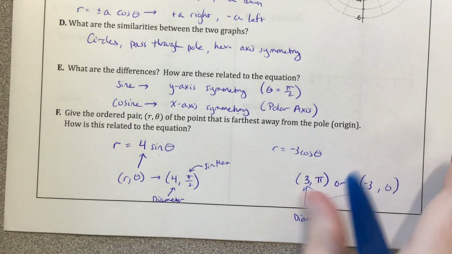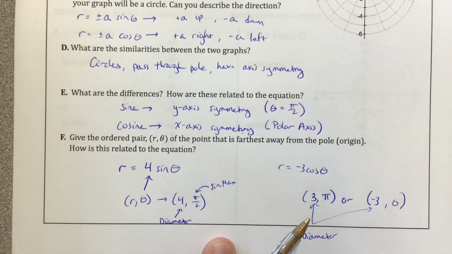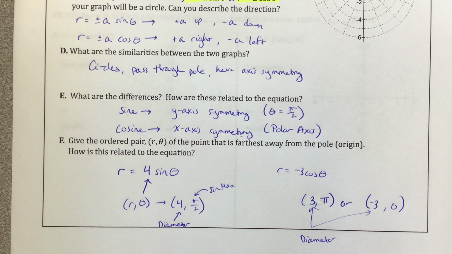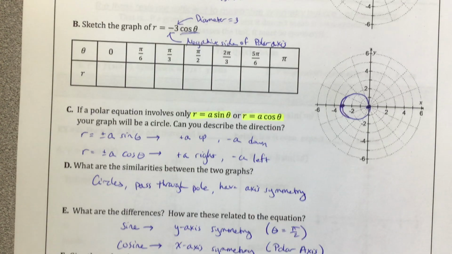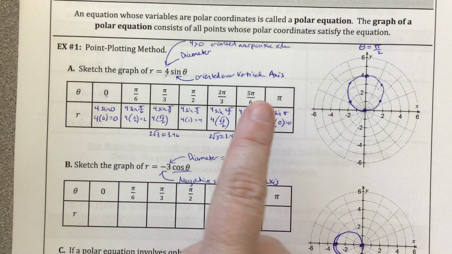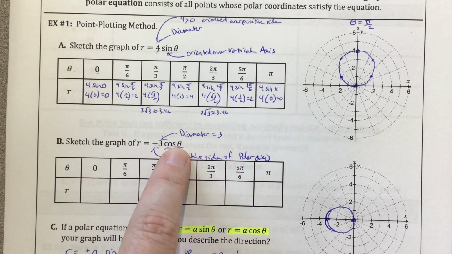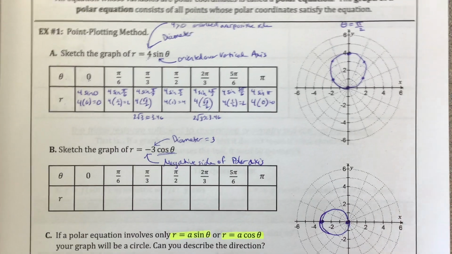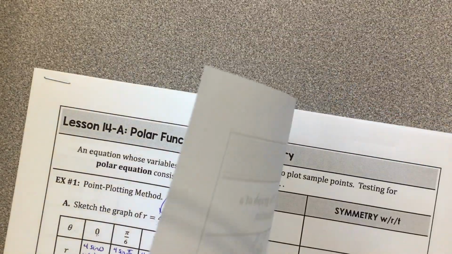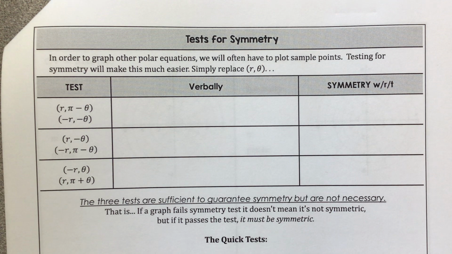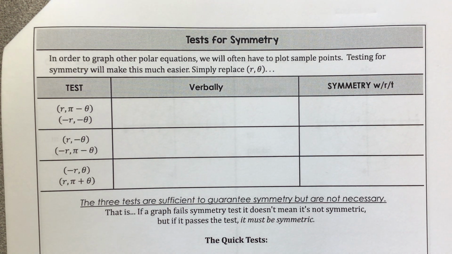All right, so if we can recognize this equation as a circle, we can just go straight into graphing, and the symmetry in this circle depends on whether we had a sine equation or a cosine equation. But not all graphs will be quite so clear in terms of what kind of symmetry they display. Let's talk about how we test for symmetry in polar equations.